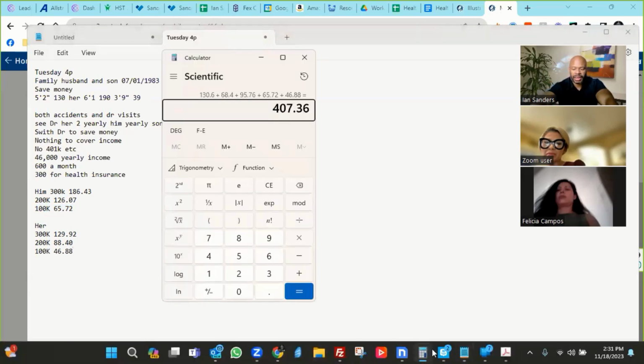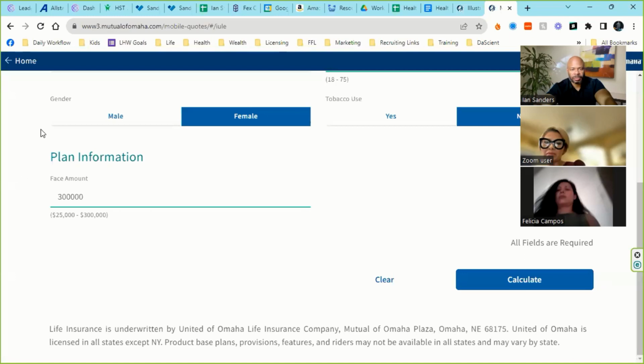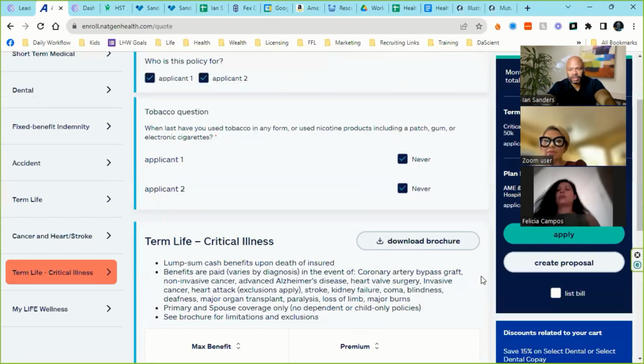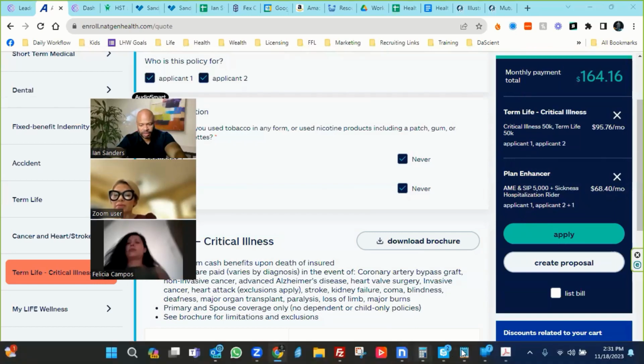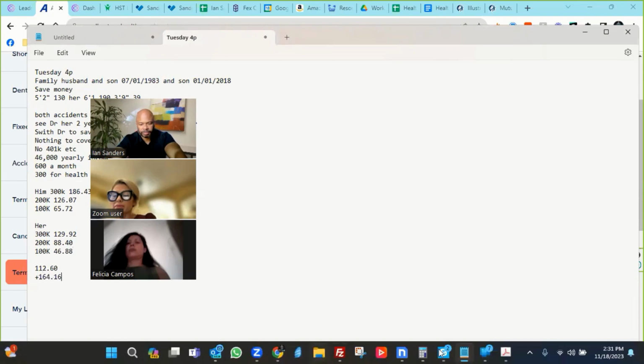So what we're looking at now is 65.72 plus the 46.88. So that's 112.60. And then that's going to be plus the Allstate stuff, the supplements, which is 164.16.